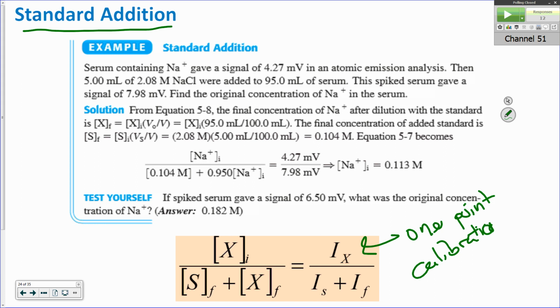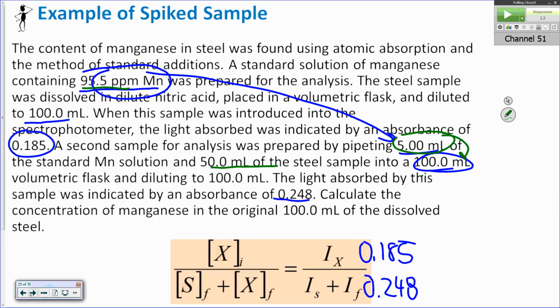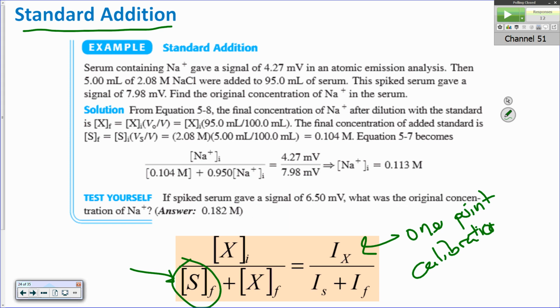We're taking and analyzing that sample, and then we added some standard to it, and we reanalyzed that sample. If I screwed up in this dilution, my results are screwed up. Okay? So one way we can offset that is to do a multi-point calibration.